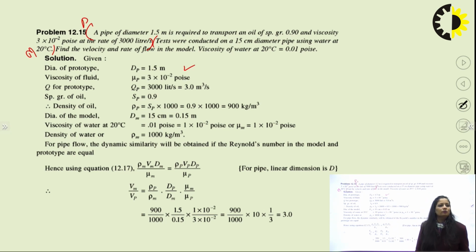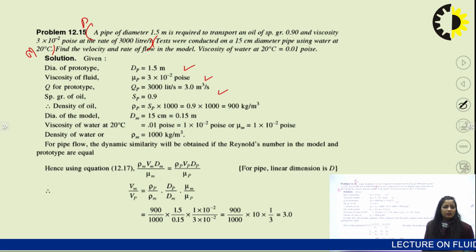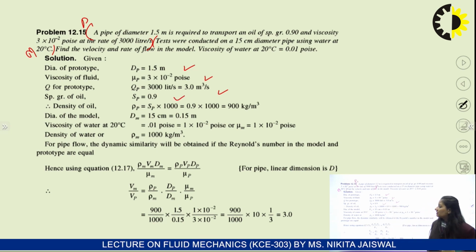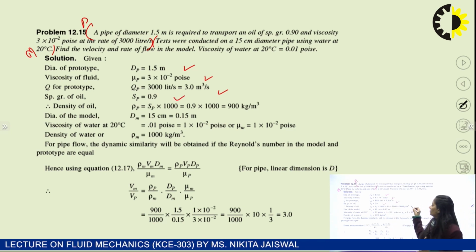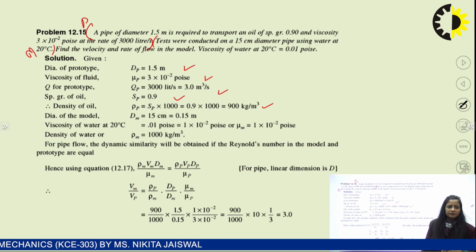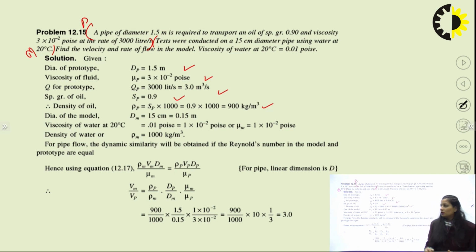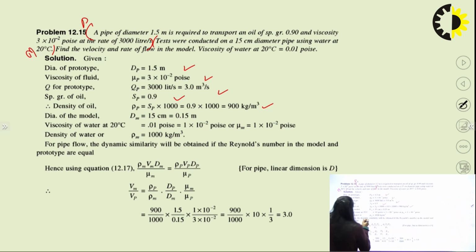Mu p is also given, 3 multiplied by 10 to the power minus 2 poise. The discharge is also given, 3000 liter, or 3 meter cube per second. The specific gravity of oil is given, so you can calculate the density of oil.